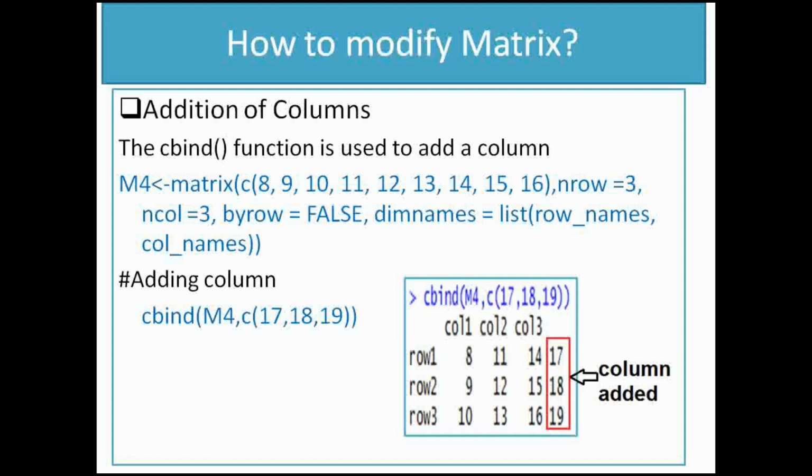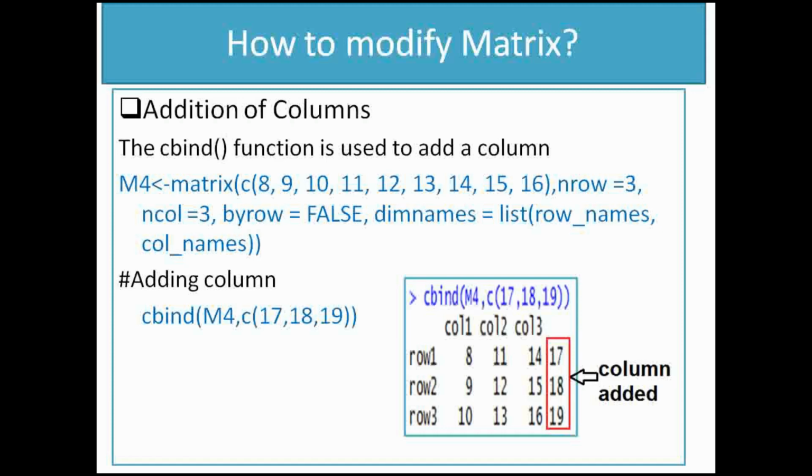Now, if I am not satisfied with only a single value and I want to add more columns or rows, these are also possible. We can add a column or a row to an existing matrix. The cbind function is there to add a particular column.